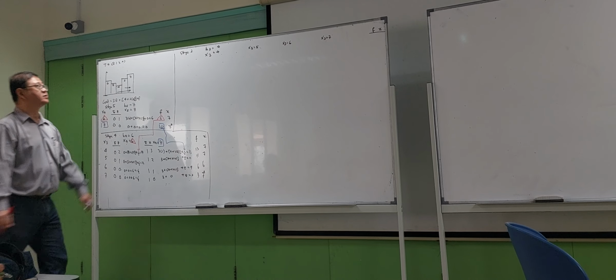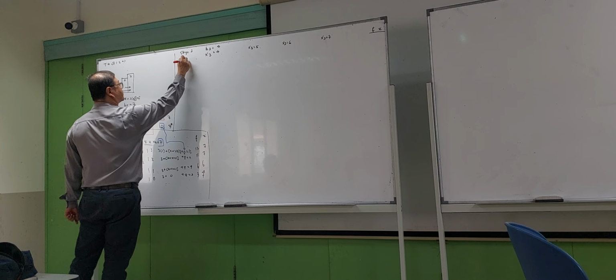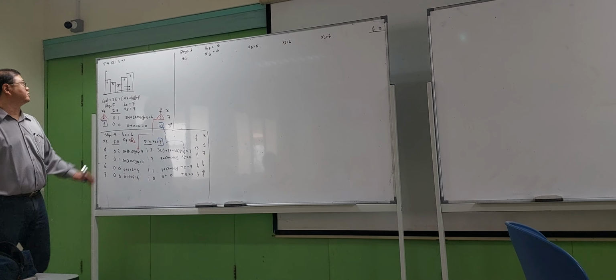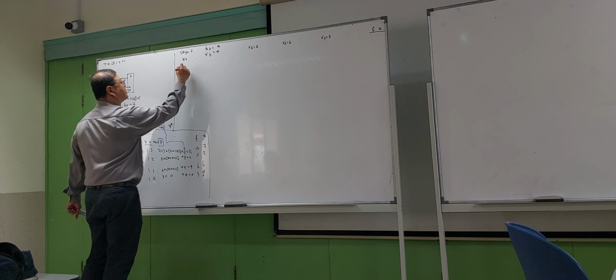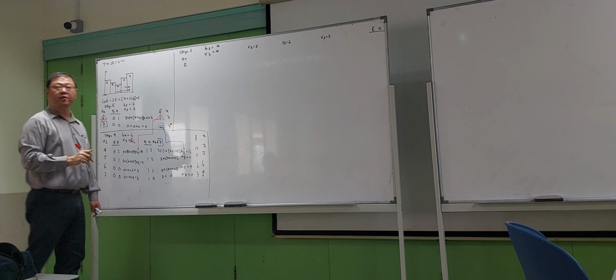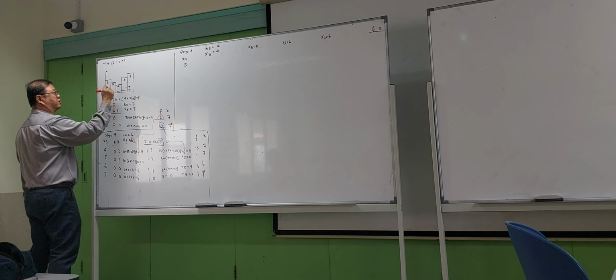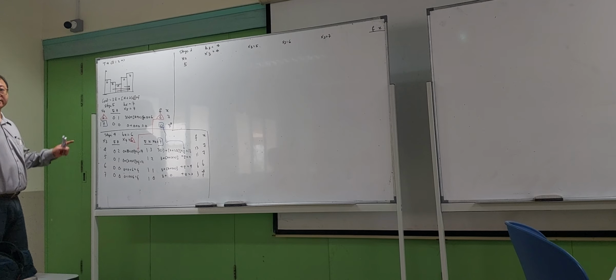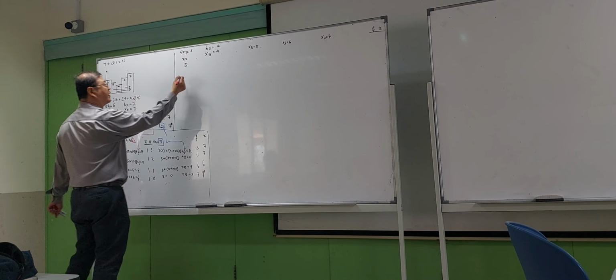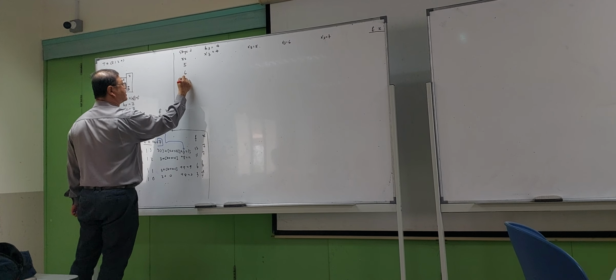Then we look at X2. Okay, so when we move on to X2, you note down this value first, 5. From here, you look to the right, highest value is still 7. Okay, so 5, 6, 7.